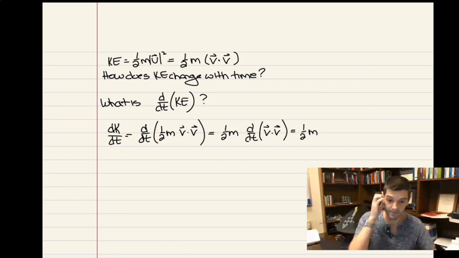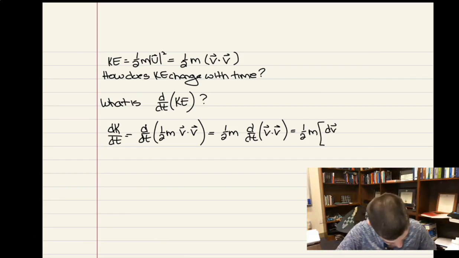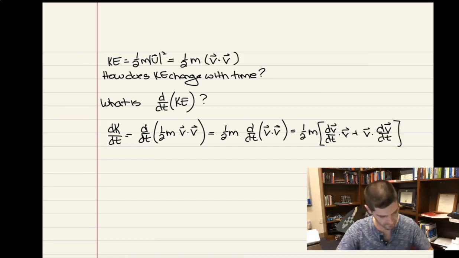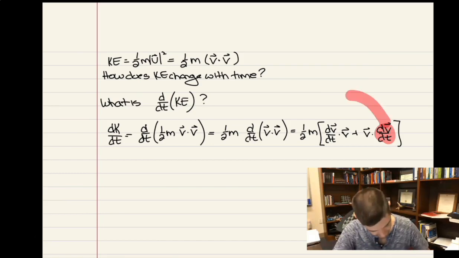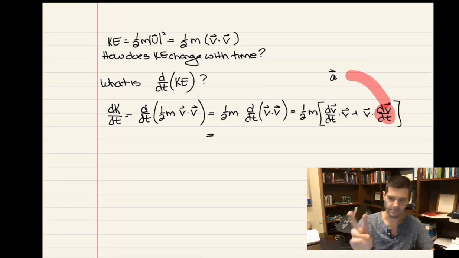We saw above that the dot product has a product rule. So this is the same thing as dv/dt dot v plus v dot dv/dt. That should look familiar. That is nothing more than just the acceleration a. Also remember that the dot product is commutative.